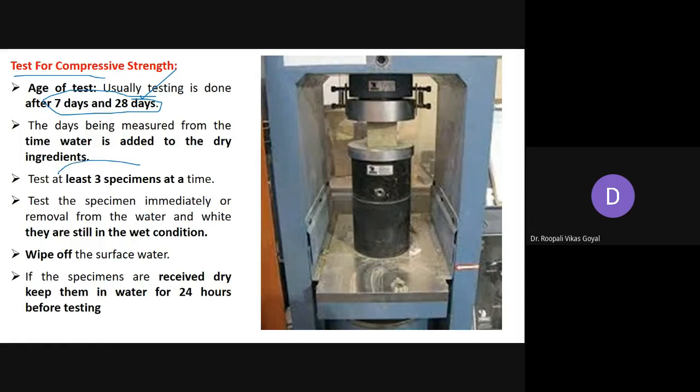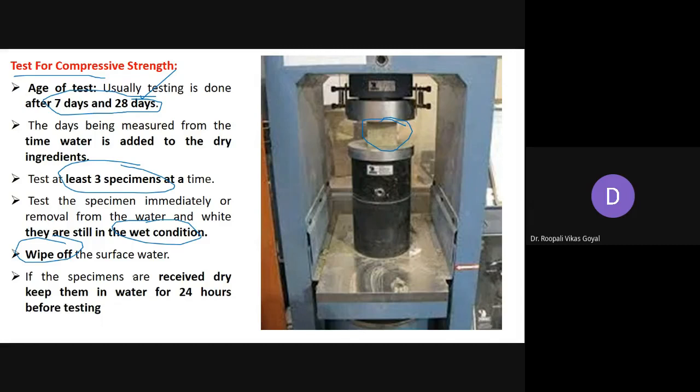Generally we have to test 3 specimens at a time, and you have to test the specimen immediately after removal from the water, still in wet condition. You should not take out the specimen and allow it to dry for 1 or 2 hours like that. Just take the specimen out of the curing tank, wipe off the surface, and place it in the compression testing machine.